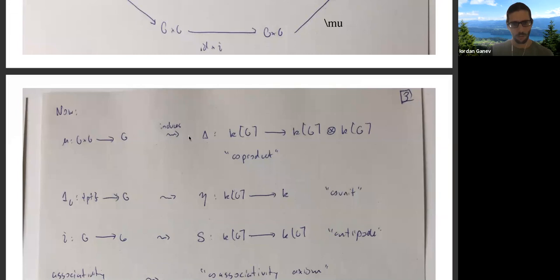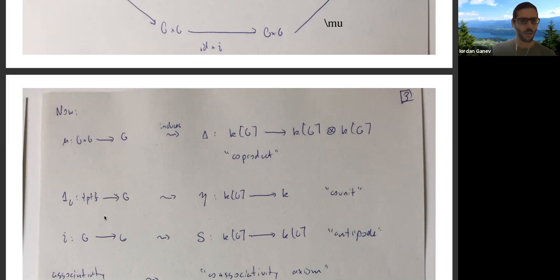I wrote an arrow in one direction, but really if we have this coproduct, we also get a map G cross G to G. I'll say something about that later, but for now, let's think about going in one direction.